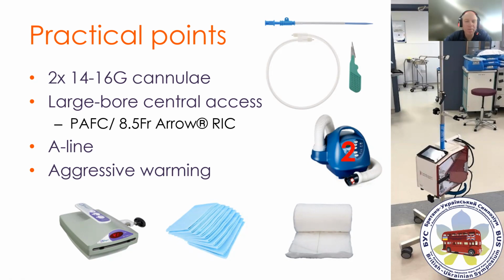We will aggressively warm the patient, so any exposed area will be covered with either Gamgee or incontinence pads, but they will be covered, and we will have 2 Bair Huggers, one over, one under, to maintain warmth. And we will use arterial lines, but we wouldn't insist on one being inserted before moving from the emergency department or to theatre.